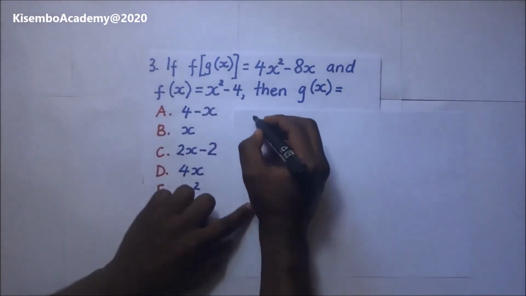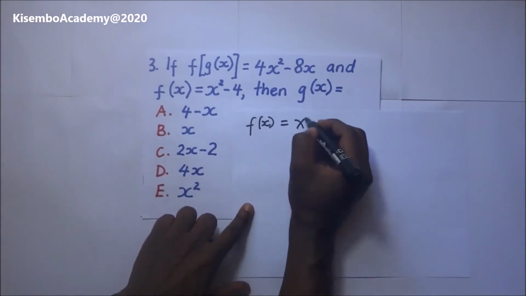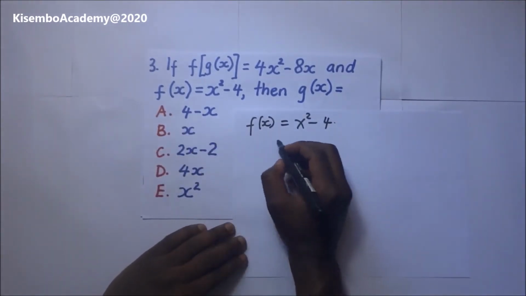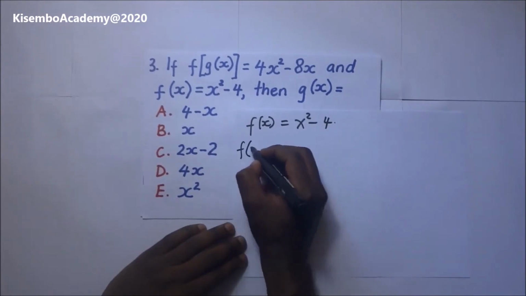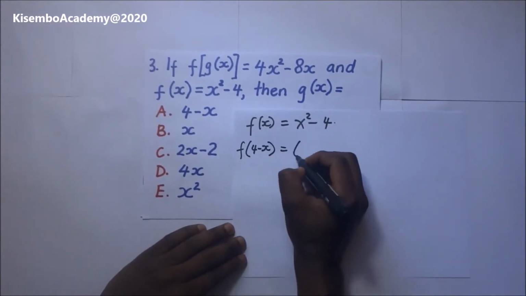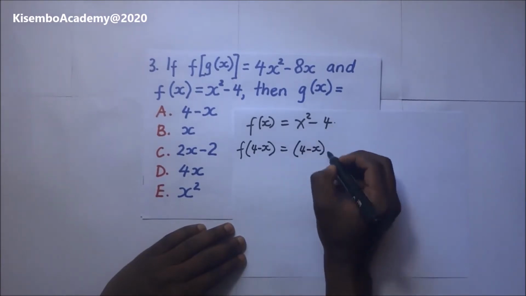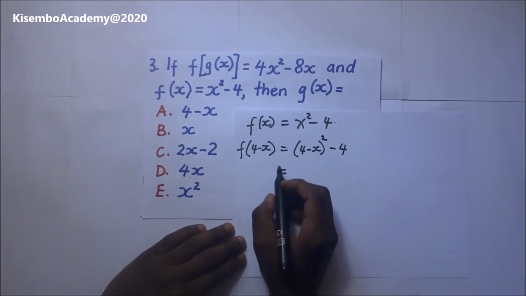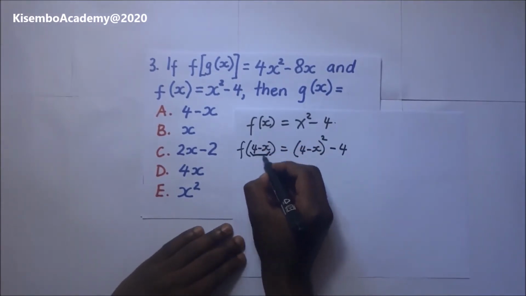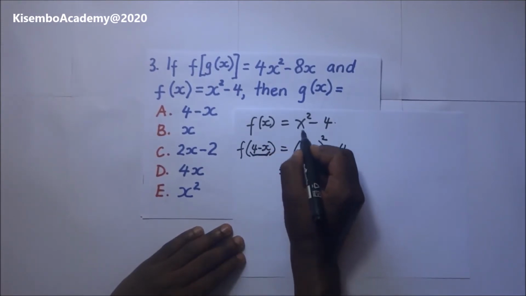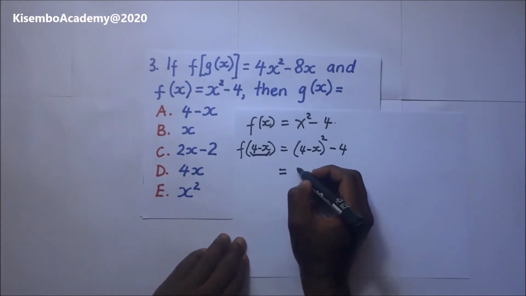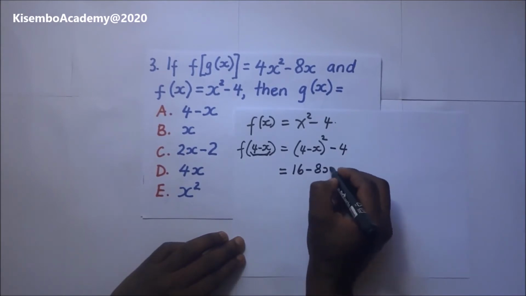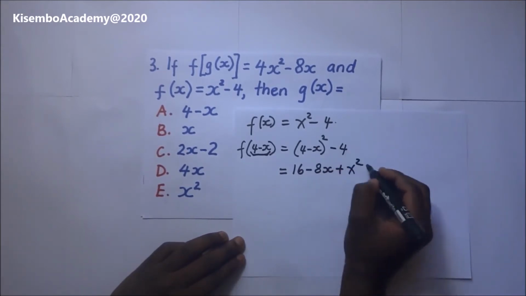So let's begin with a. A is 4 minus x. We know that f of x is x squared minus 4, so f of 4 minus x is going to give us 4 minus x, minus 4, squared. This whole thing is the input. 4 squared is 16, minus 8x plus x squared, minus 4.